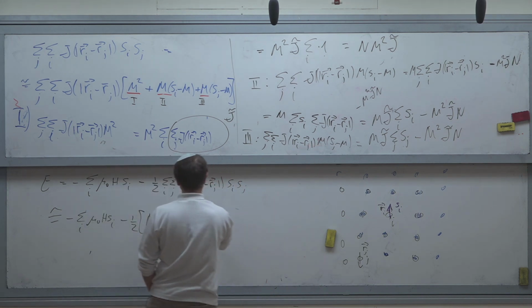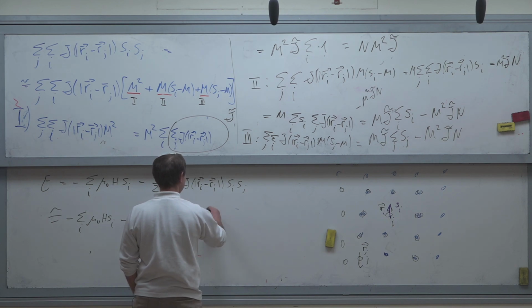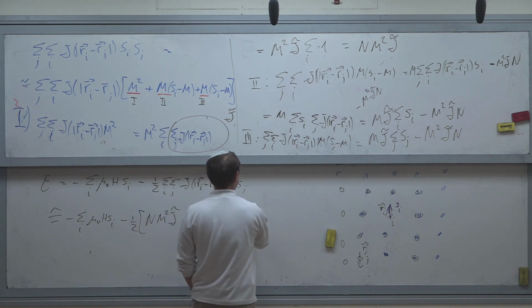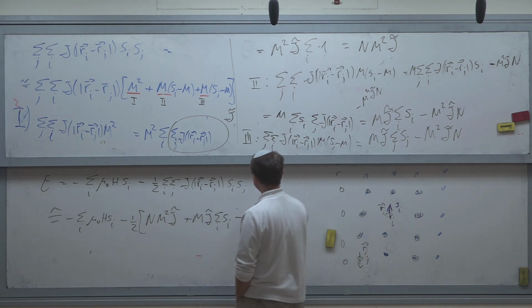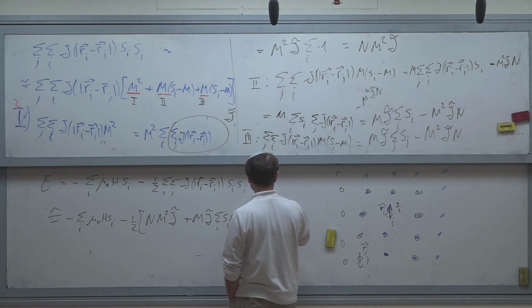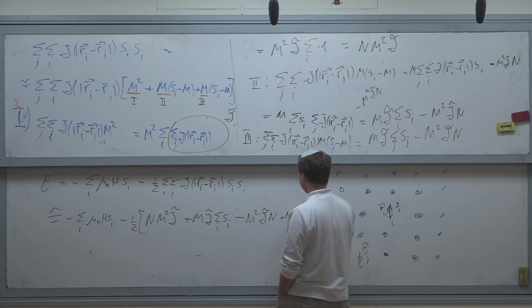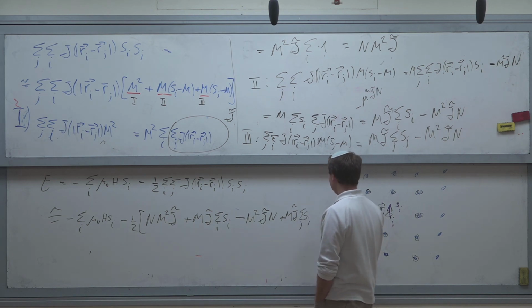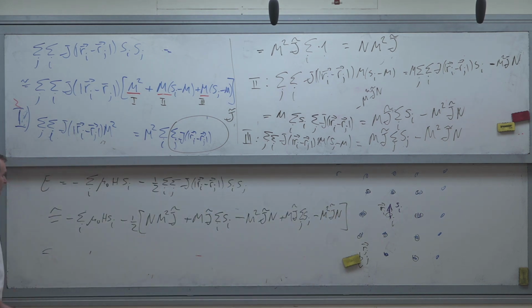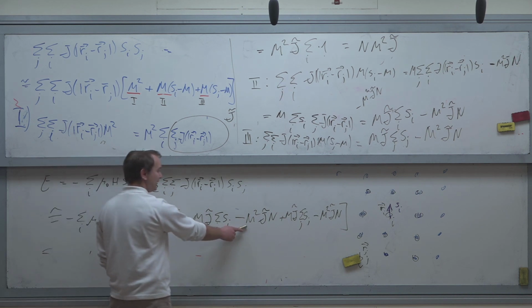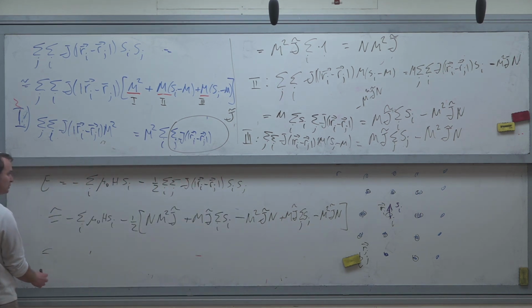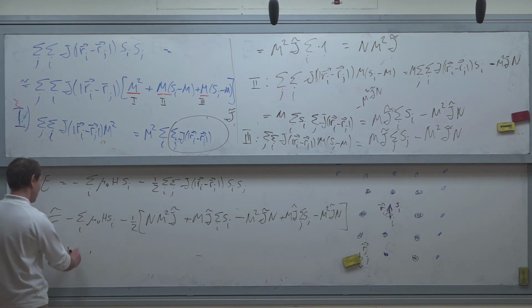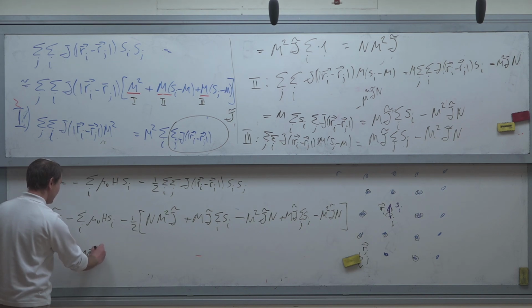We have from this term plus M J tilde sum over i S_i, minus M squared N J tilde N. We also have plus M J tilde sum over j S_j, and we also have minus M squared J tilde N. So here we have N plus N minus M minus M. All of those contribute to minus 1/2 N M squared J tilde.